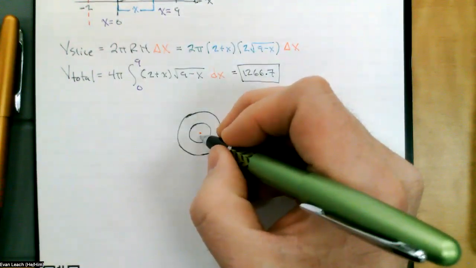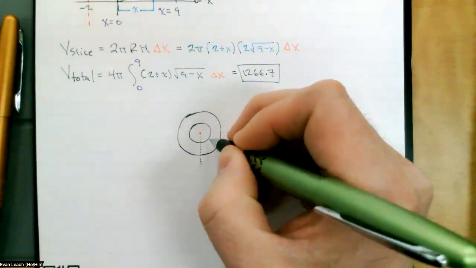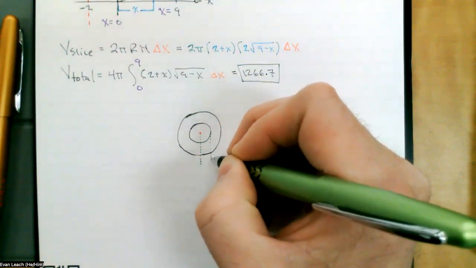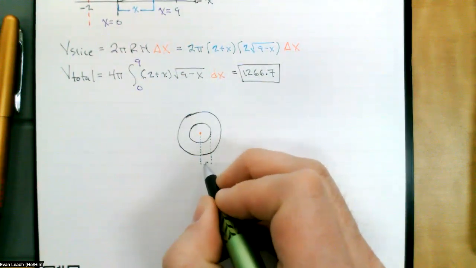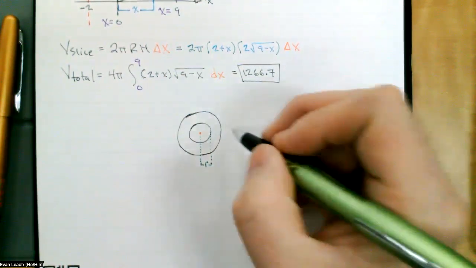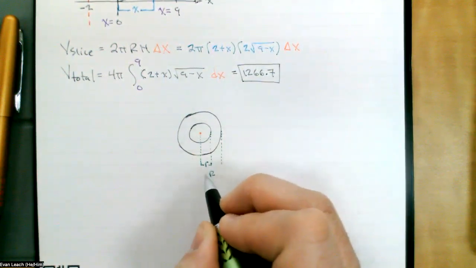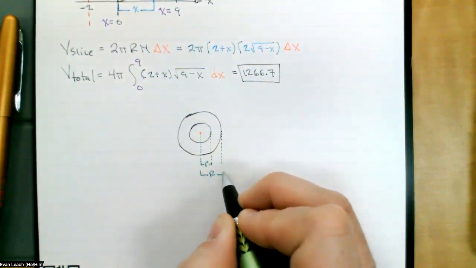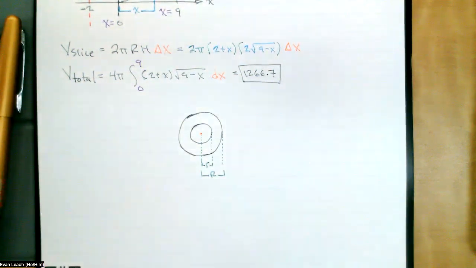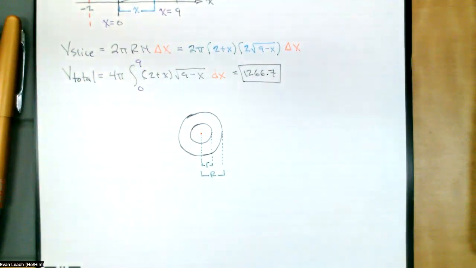We've got the inner radius. That's the radius of the hole. That's the radius of the gap. And we've got the outer radius. The outer radius includes that hole.